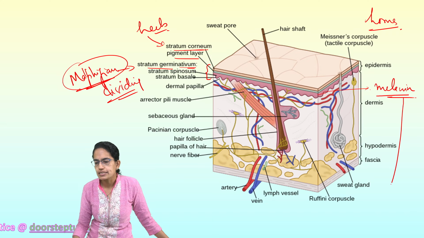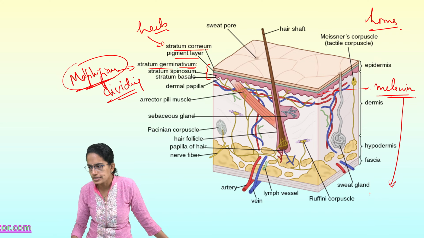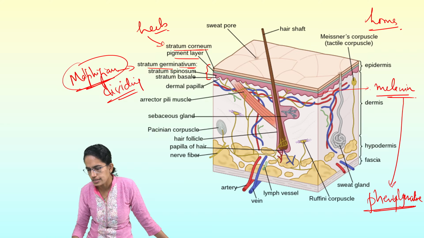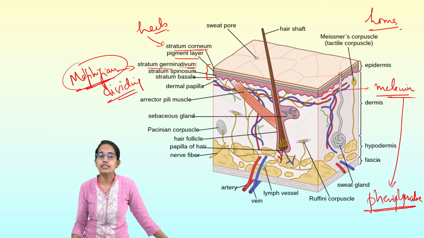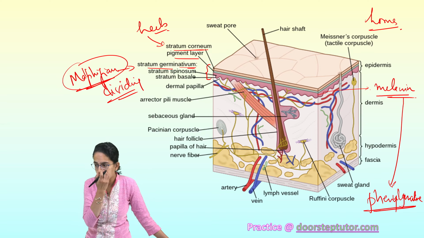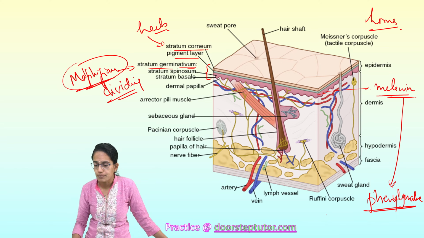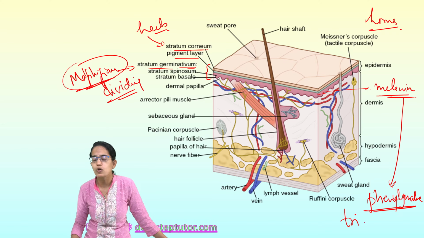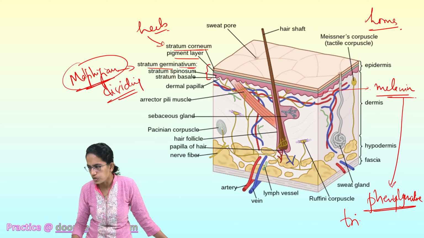Now melanin is synthesized by what? Melanin is synthesized from phenylalanine. Phenylalanine is the amino acid, and its synthesis depends on the enzyme which is known as tyrosinase.